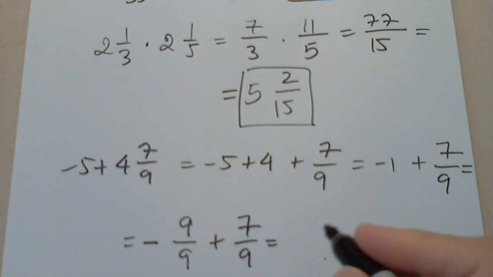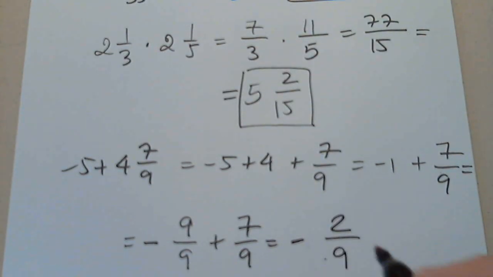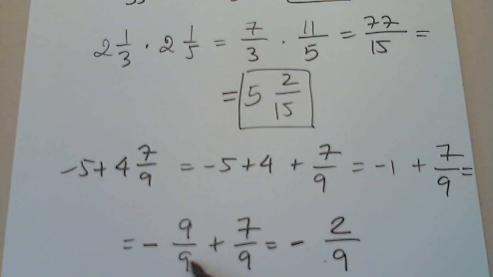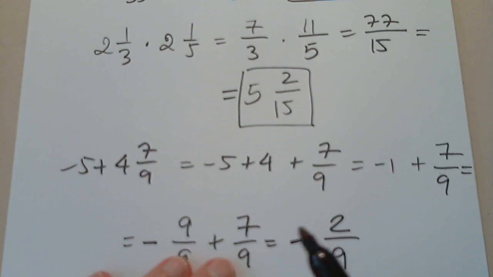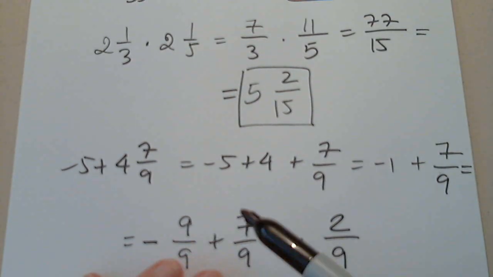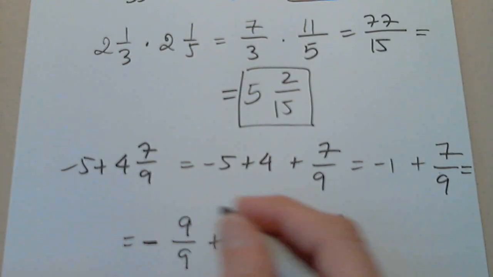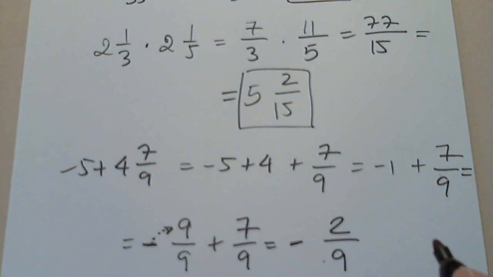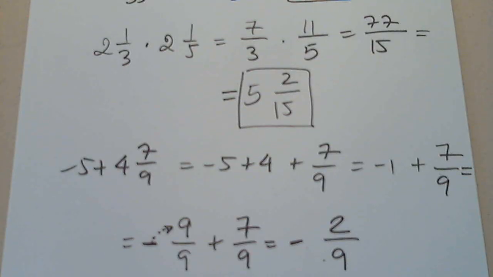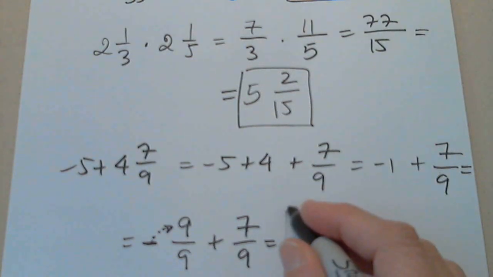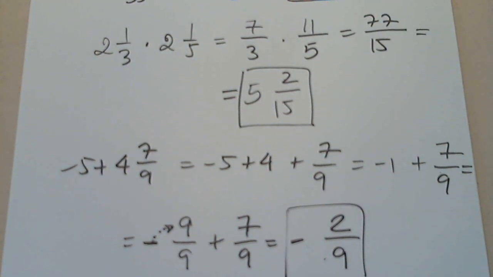We have to write the same denominator, so -9 plus 7 is -2. So this is -2 over 9. Remember, the sign, when we add and subtract, must go with the numerator, not with both. So that's why the final answer is -2/9. Is this okay?